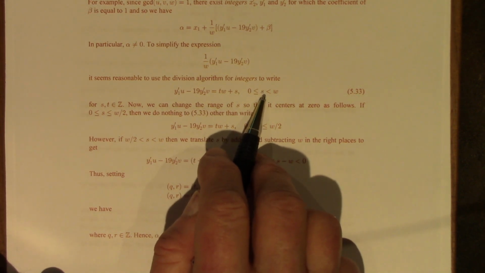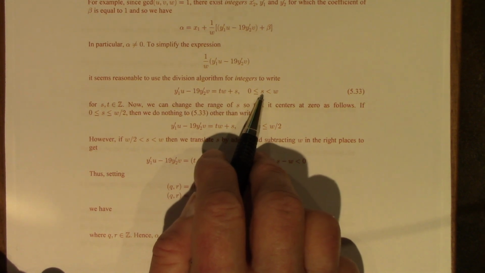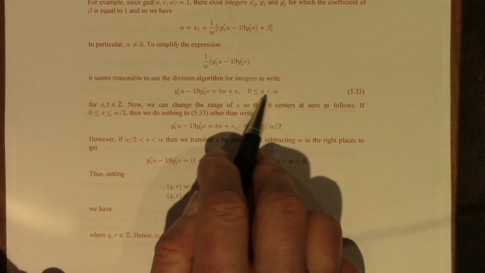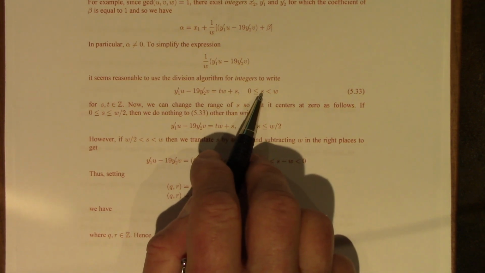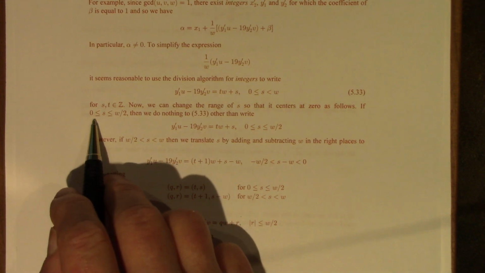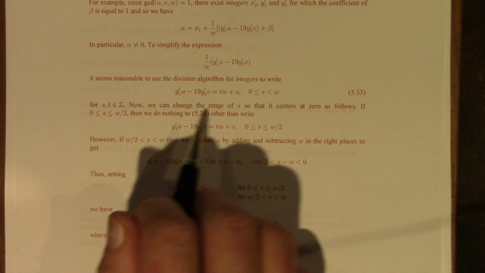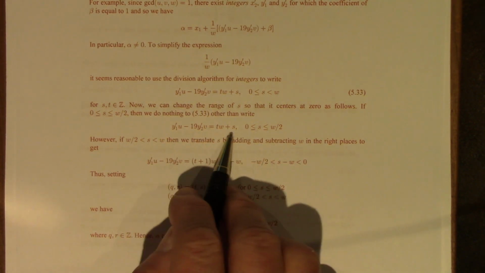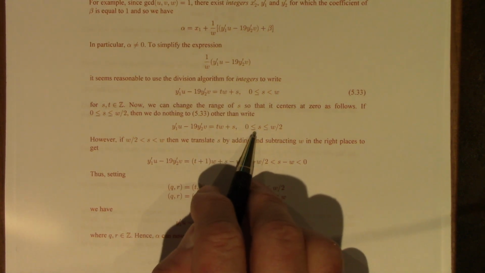We're trying to minimize a norm here, so we want to move this range so that s is centered at 0. And this is how we do it. If s is in this range, fine. Just leave this equation alone. This is valid if s is in this range.